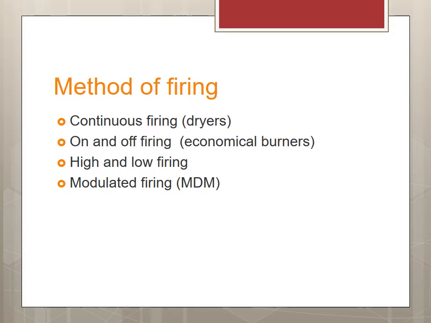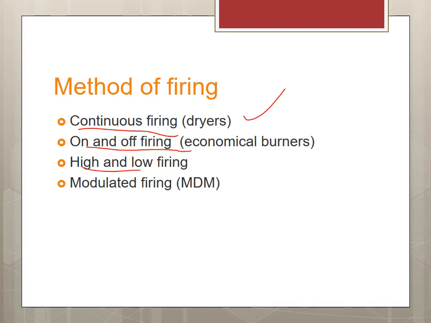So we have continuous firing all the time, or we can have on or off. If you look at a clothes dryer, it's always on, as the heat given off by the clothes dryer is usually constant the whole time. Or we can have on and off to control temperature as needed.